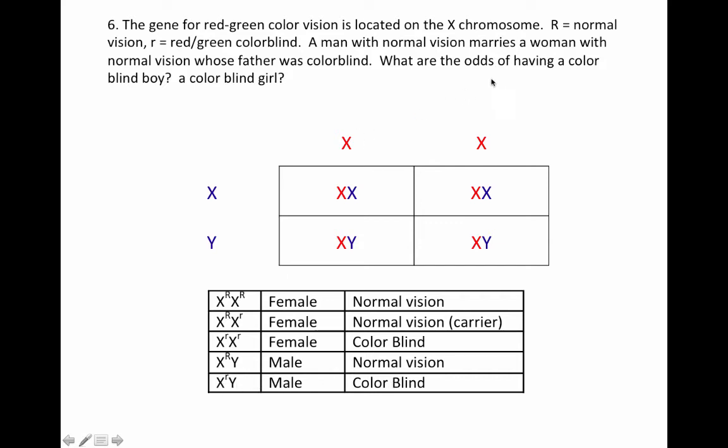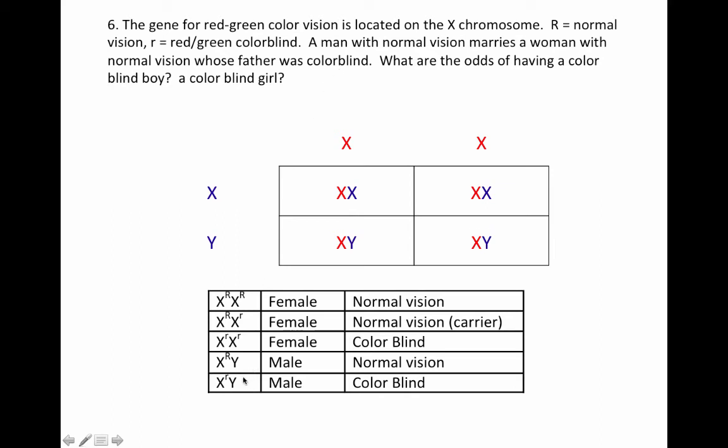So let's see. So the man has normal vision, so he must be X big R Y. If he was X little r Y, he would be colorblind. So it's got to be this. And the female, she has normal vision, but her father was colorblind.